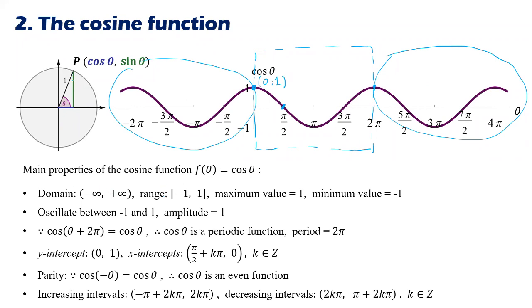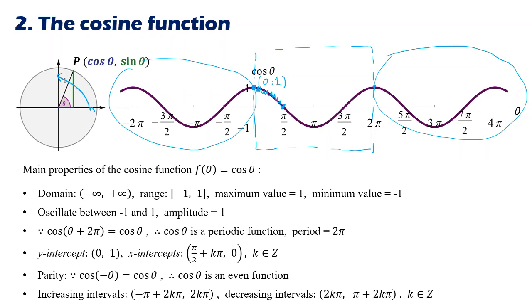And again, we can also verify this behavior with the help of the unit circle here. For example, if theta goes from 0 to half pi, that corresponds to a section here, right? The function value goes from the maximum value 1 to 0.